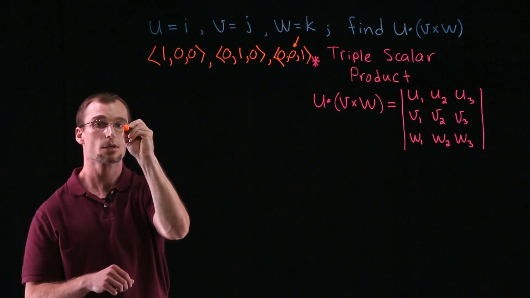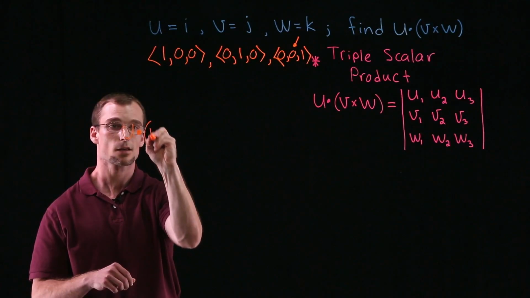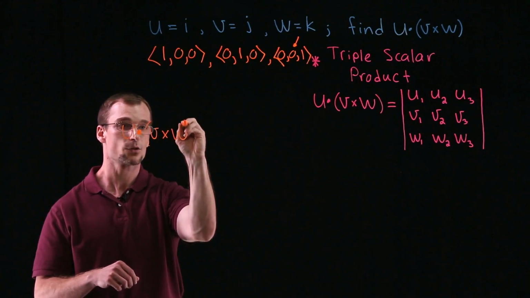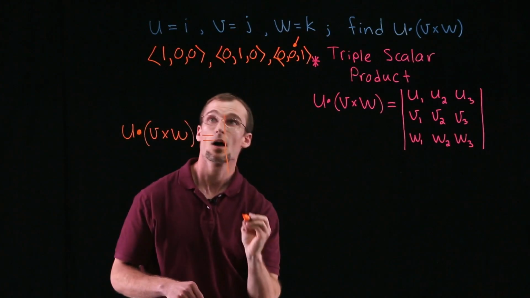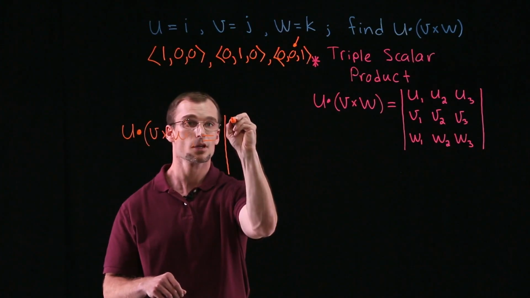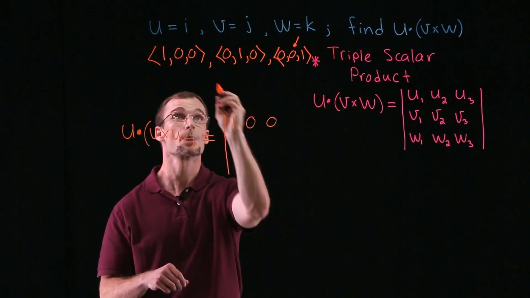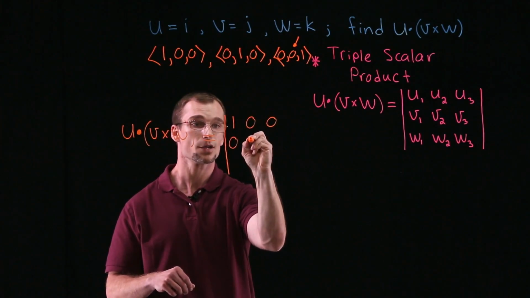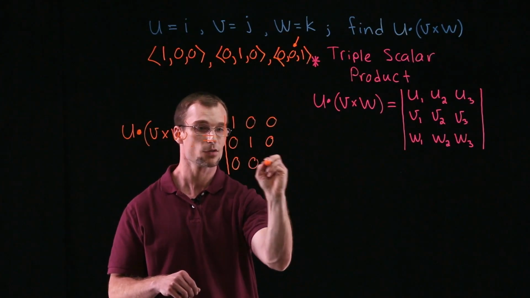So when we set up our triple scalar product, u dot v cross w, that's going to be equal to the determinant of the matrix where the first row is the components from u: 1, 0, 0; from v: 0, 1, 0; and from w: 0, 0, 1.